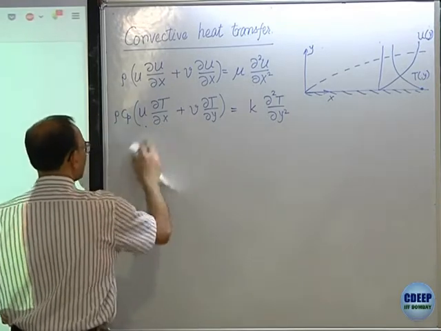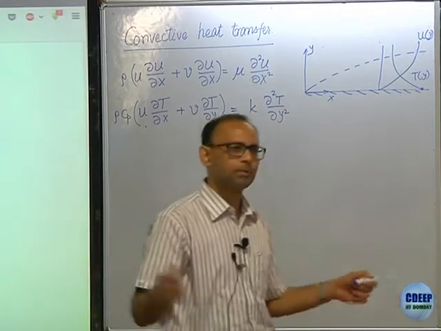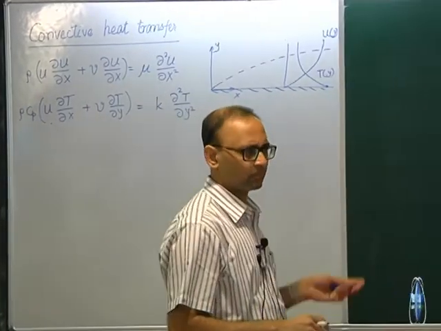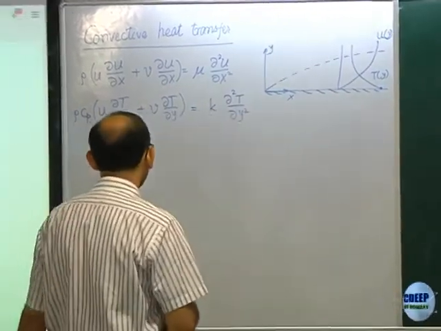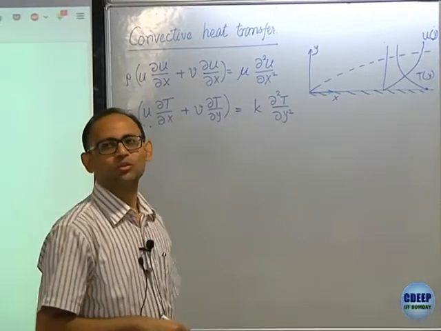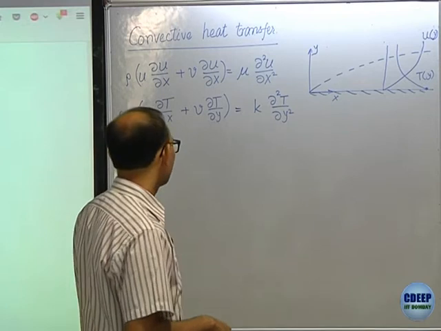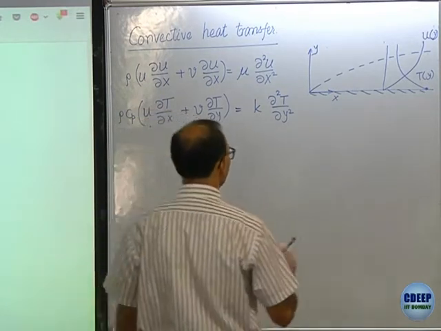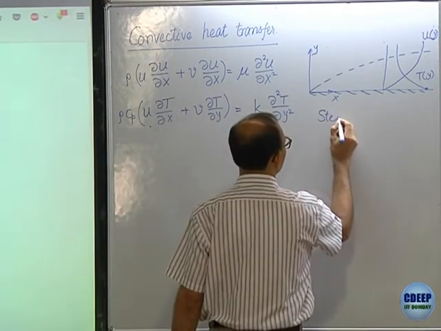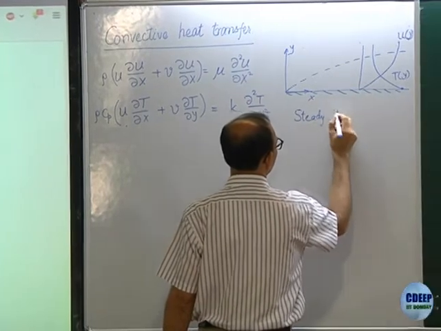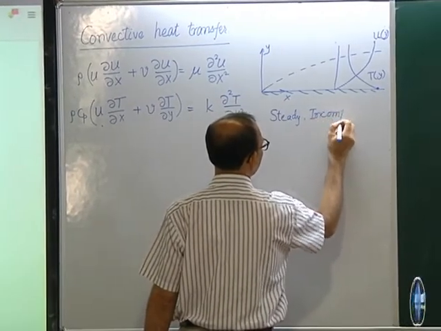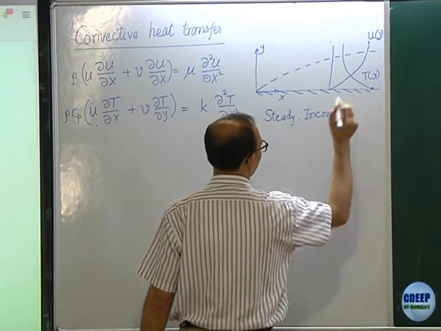As I said, this area itself can be multiple lectures, multiple weeks of lectures. So, what I wanted to notice is the similarity between the two equations. They have exactly the same form, and of course, we have written it for steady, incompressible, flat plate.